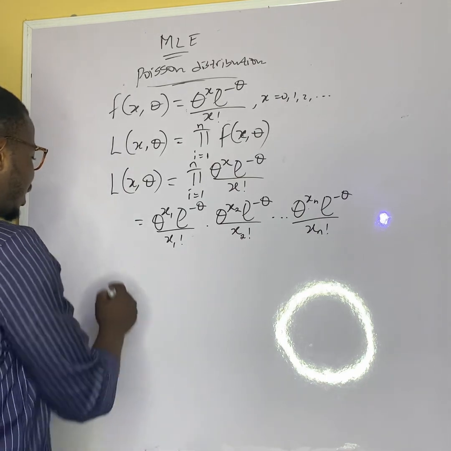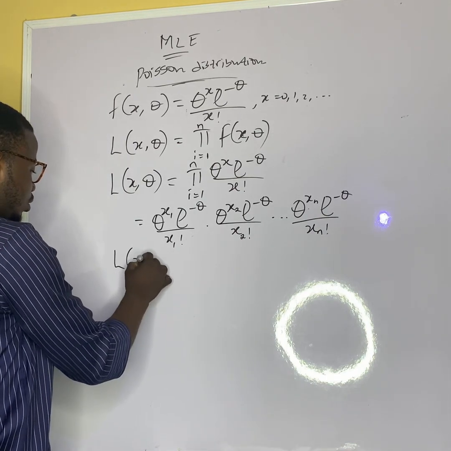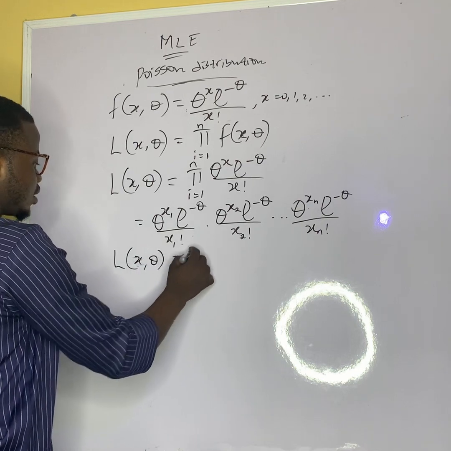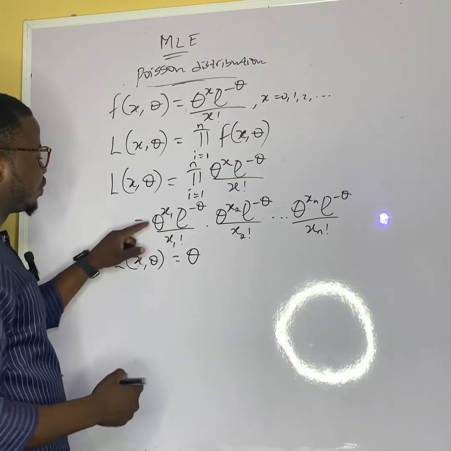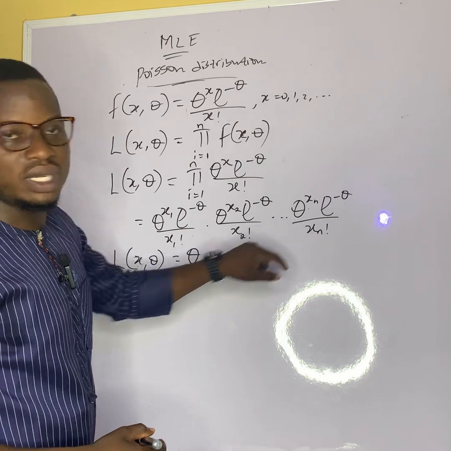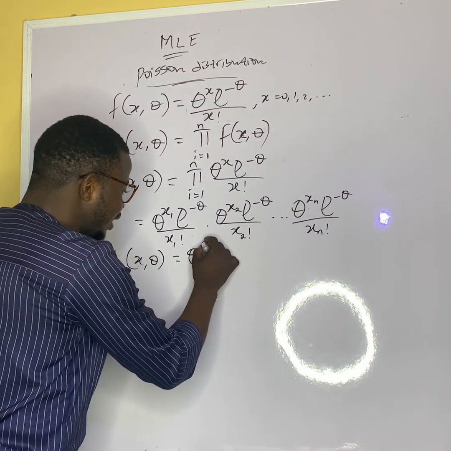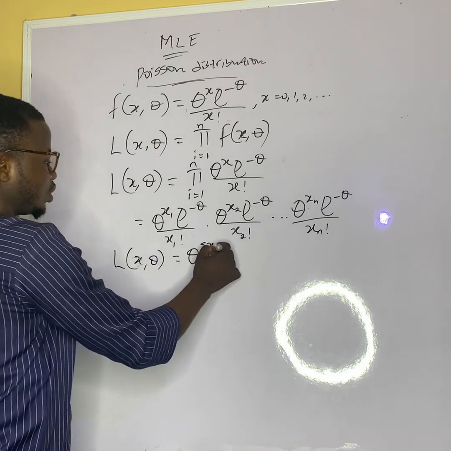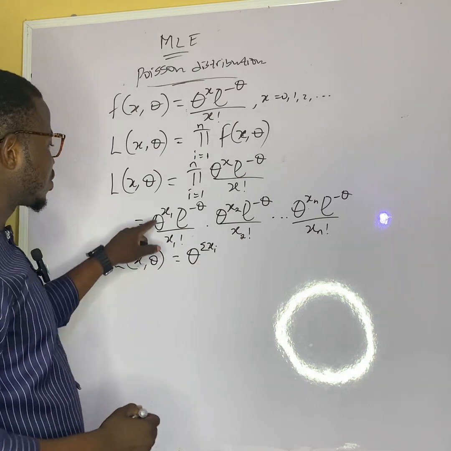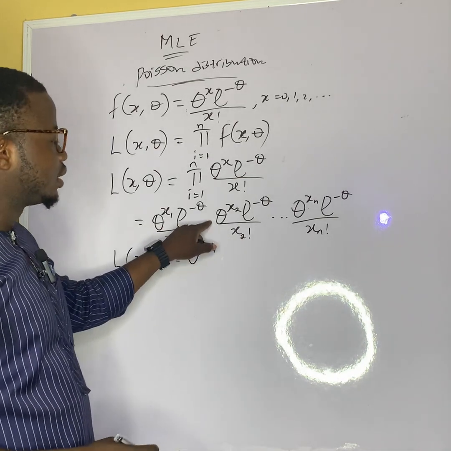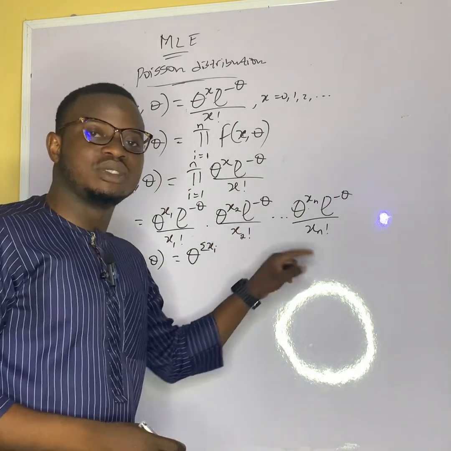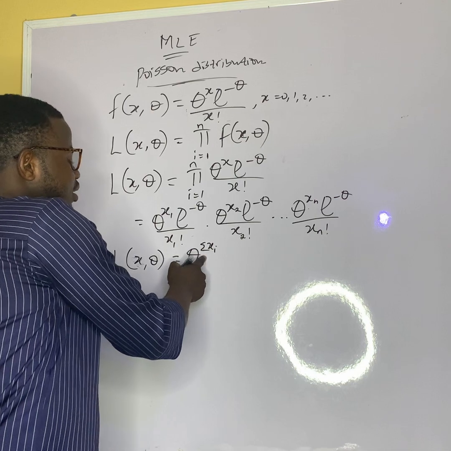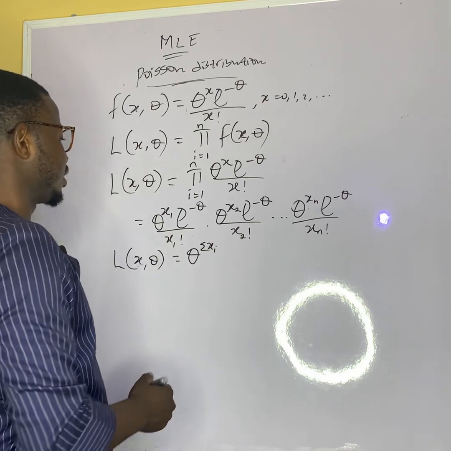Now we can rewrite the likelihood function of a Poisson distribution. Using the law of indices, theta raised to the power x1, x2, up to xn, we can write as theta raised to the power summation xi.